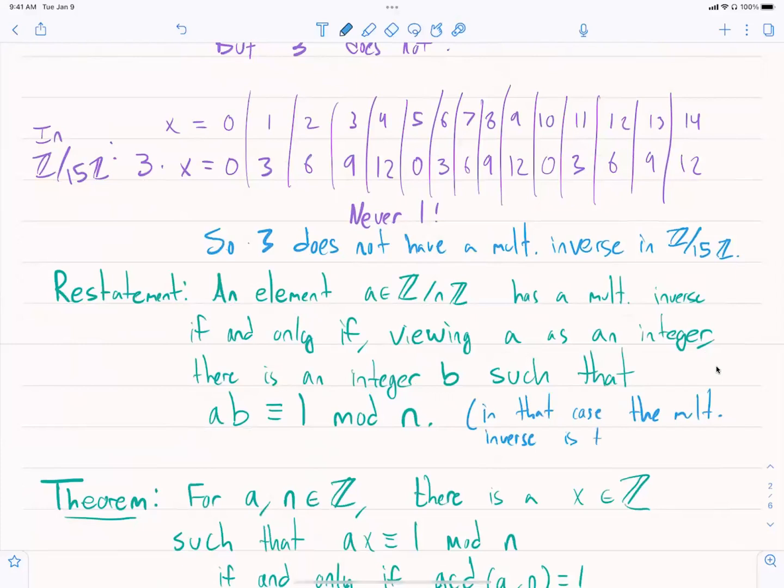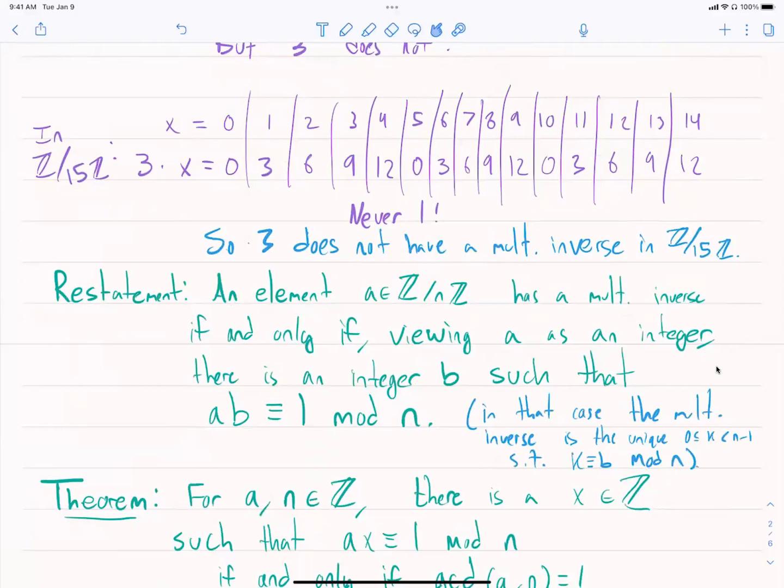So it's the unique number between 0 and n minus 1 that is congruent to B mod N. Because we define Z mod NZ to be the collection of the symbols 0 through n minus 1, with multiplication defined by doing regular multiplication but then taking the remainder when you divide by n. So you just have to shift until you land between 0 and n.